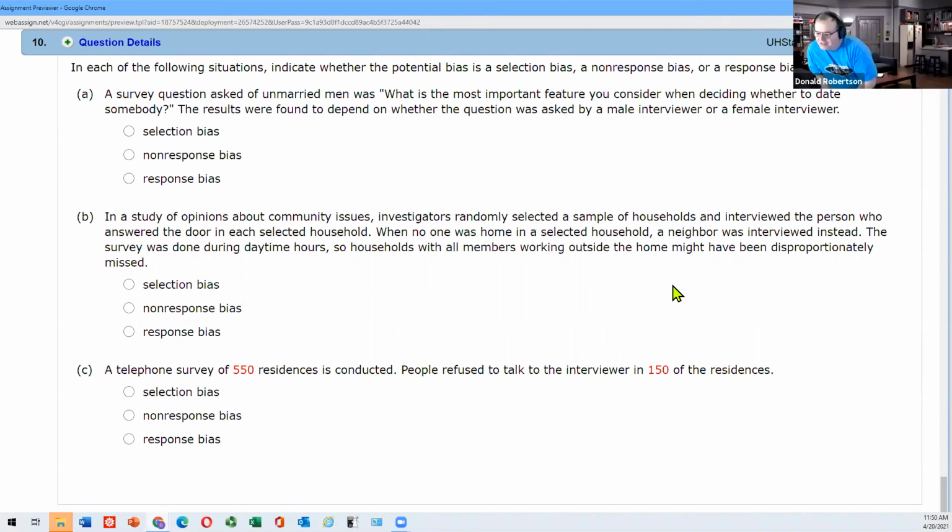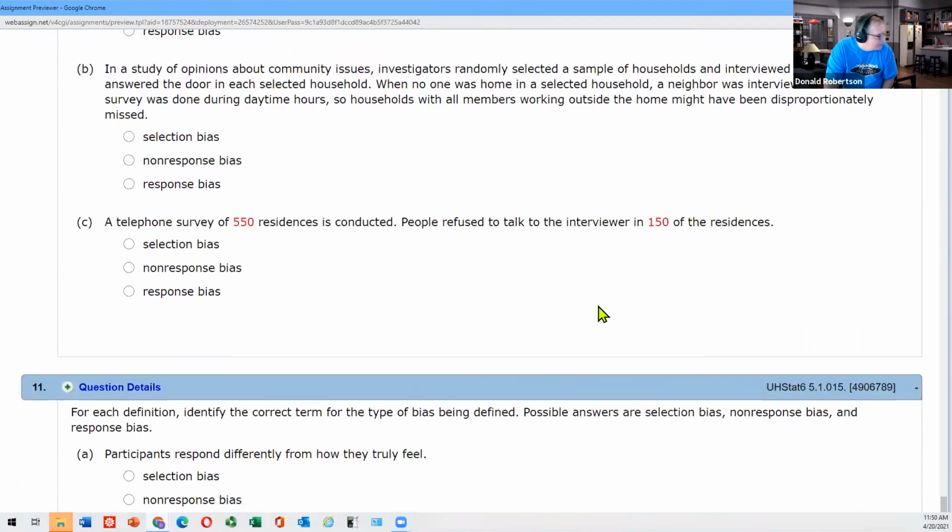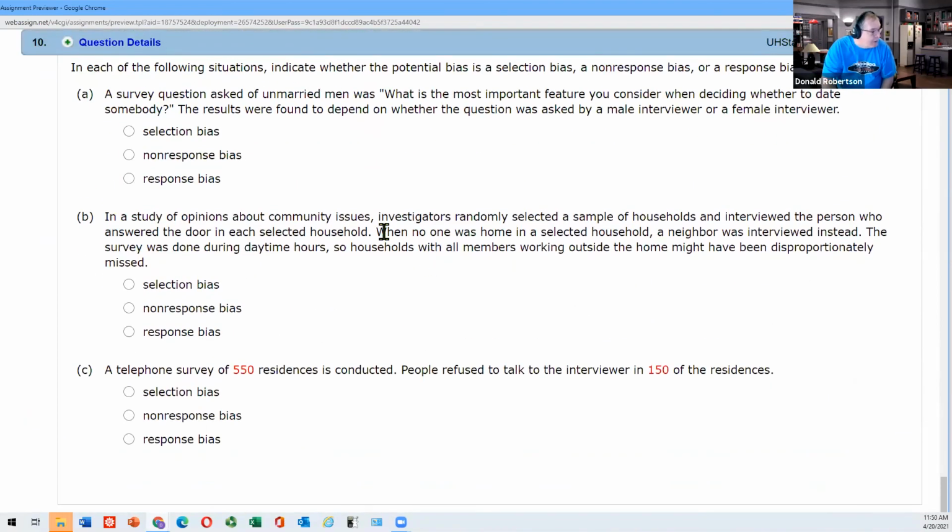Response bias, yeah, right? Yes. And a different version of response bias. But can you see, if it's a guy, he might tell the truth, and if it's a girl, he might say something else, right? Some of them might say, well, I really like the color of the hair, which happens to be your color, and then try and chat them up, right? I'm exaggerating, but you know, that kind of thing.